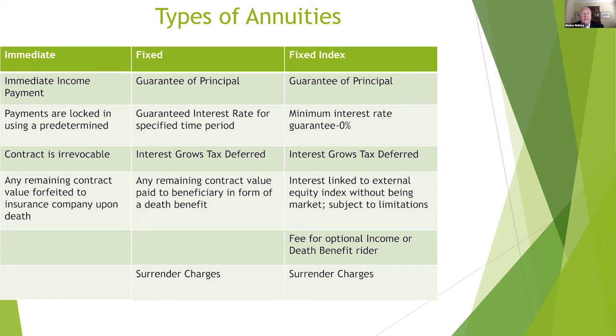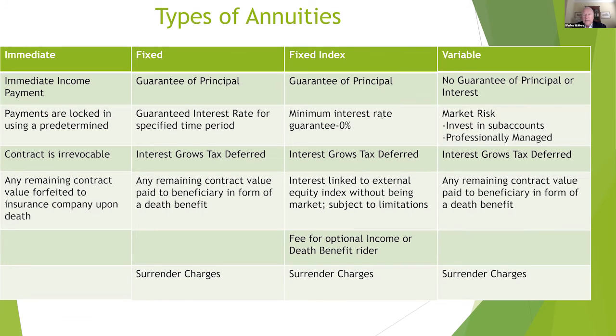It is a very good aspect of this product, but if you go see an insurance professional, they'll be able to explain what that means. You might end up paying a fee, usually around 1%, if you elect to have a rider that will pay you income and your spousal income for life. As mentioned, all annuities have surrender charges.